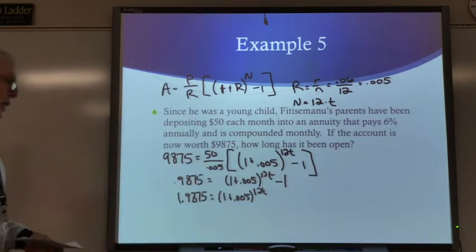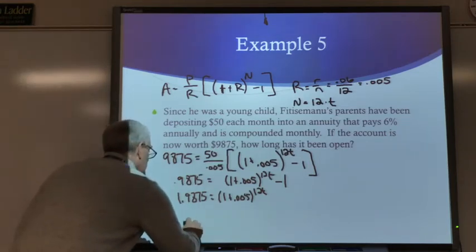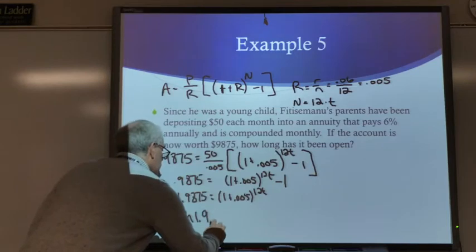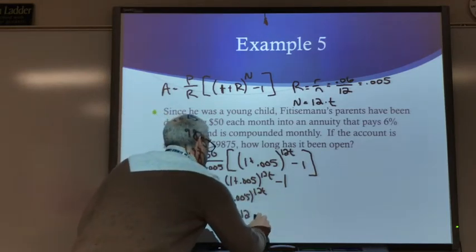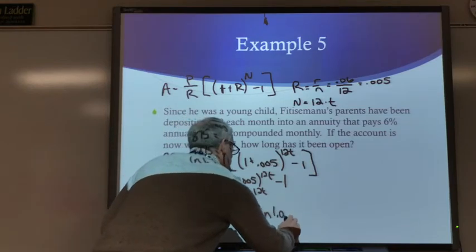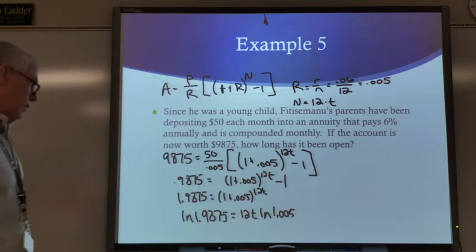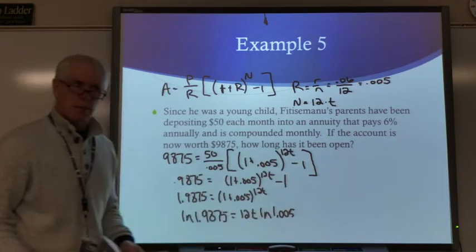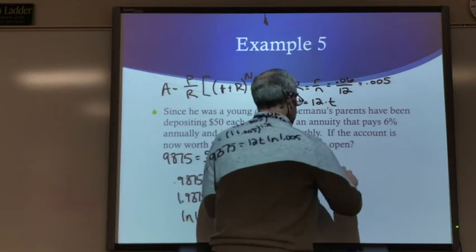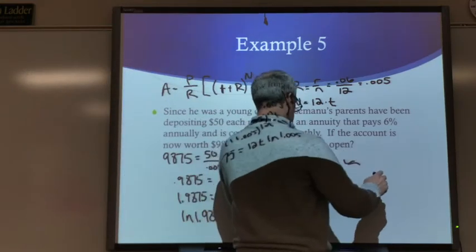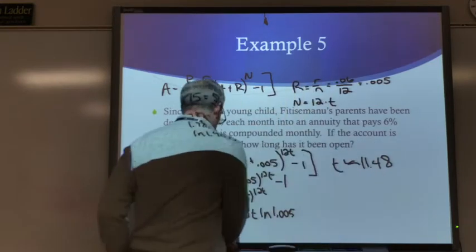Okay. Now I've got an exponential, so I need to undo this with a logarithm. So I'm going to take the log of both sides. Your exponent goes out in the front, so 12t ln of 1.005. Okay, and now if I want t by itself, I could divide both sides by 12 times ln of 1.005, and I get t to be about 11.48 years.